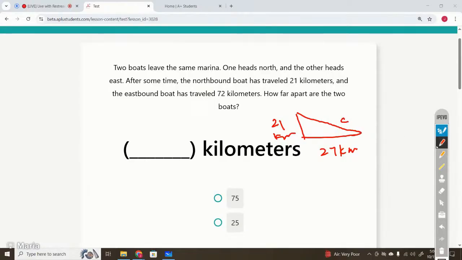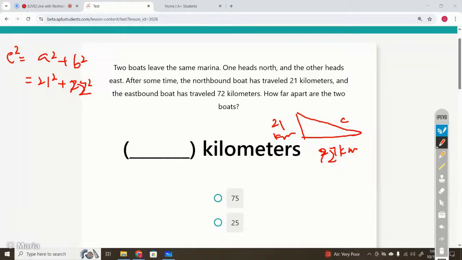So we need to evaluate the c. C is the hypotenuse in the right angle triangle. So c square equals a square plus b square. A is 21, b is 72, sorry, not 27, that is 72.